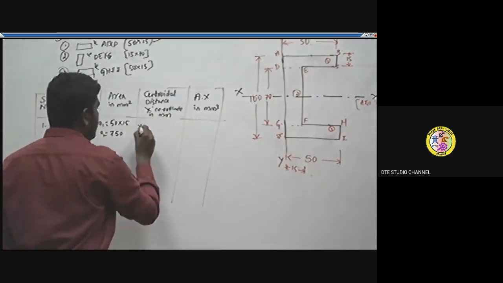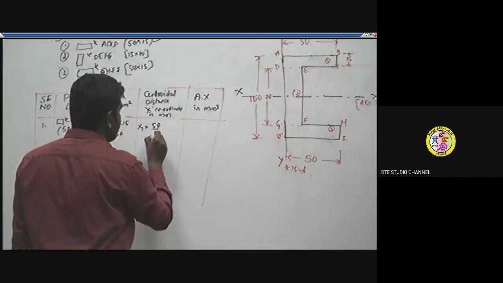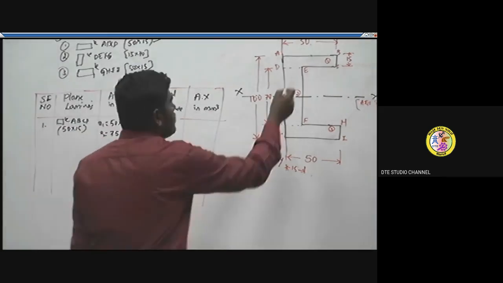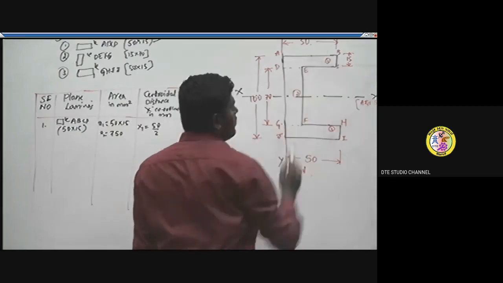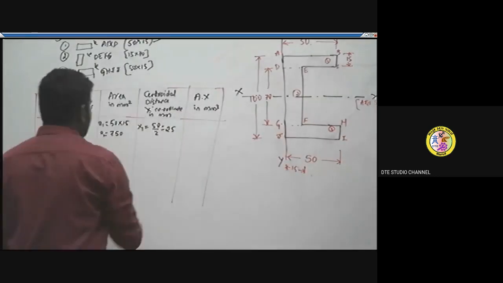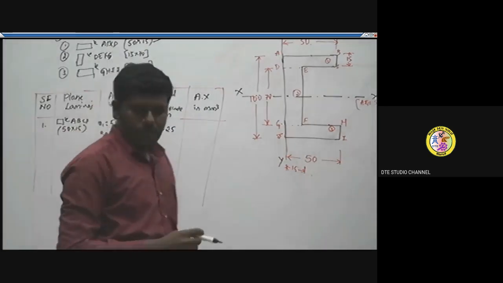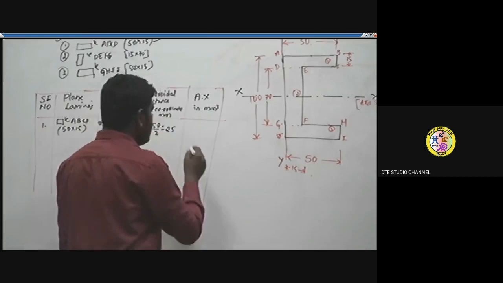That is x1. At this distance the centroid will be located for this rectangle, so we can say 25. The product of these two, A1 into x1, is 750 into 25, which is around 18,750.